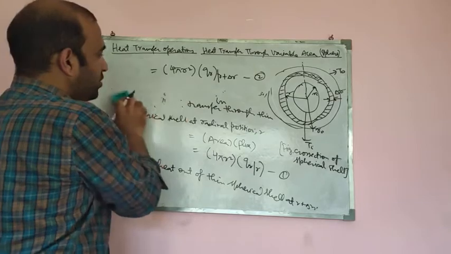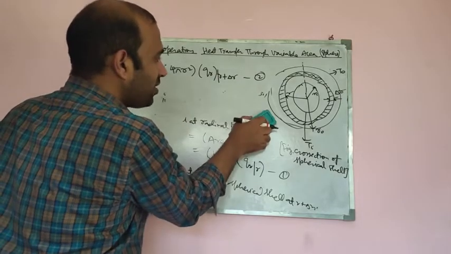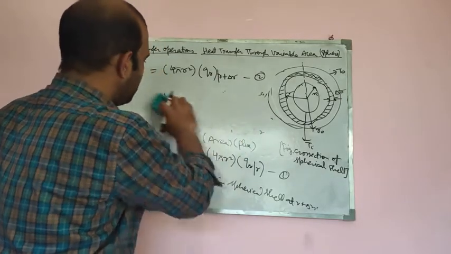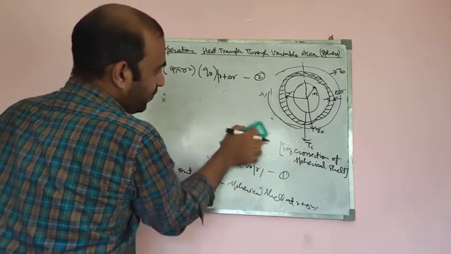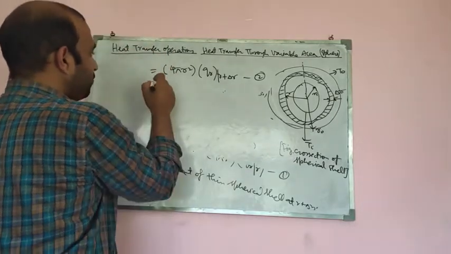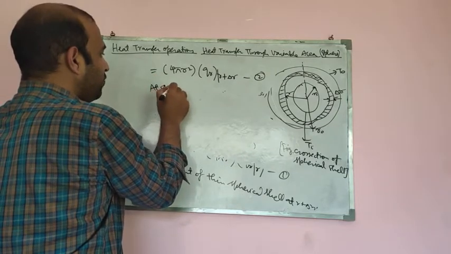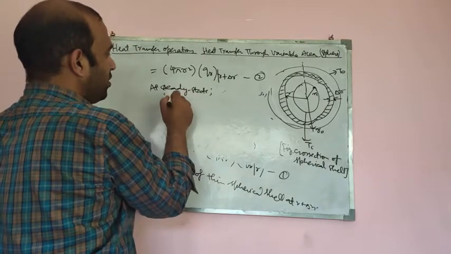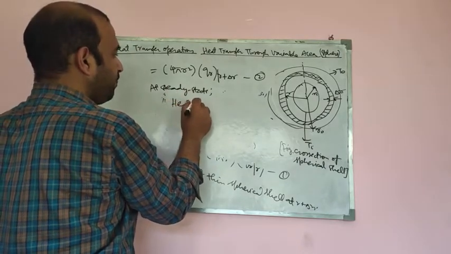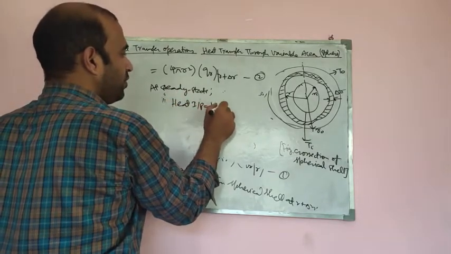Now since we are considering this as a steady state system, a heat transfer through a steady state sphere, at steady state your heat input must be equal to heat output.